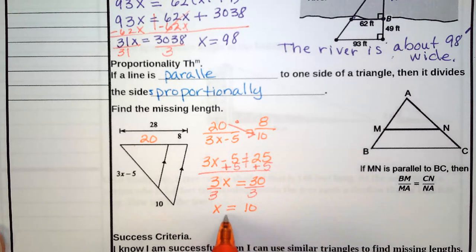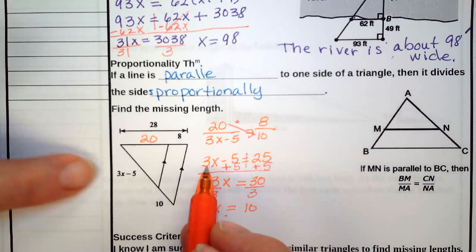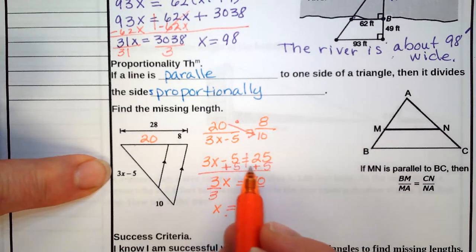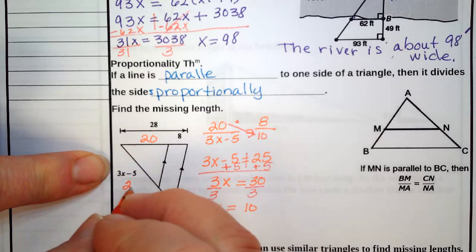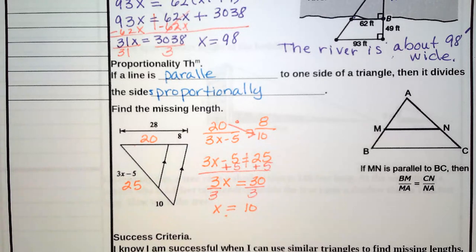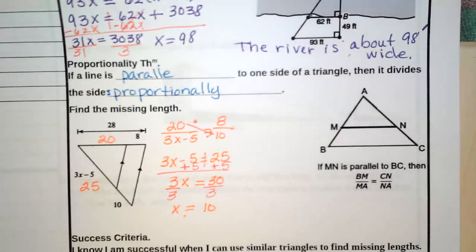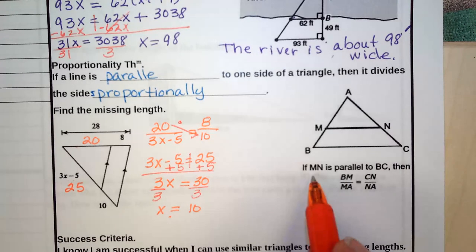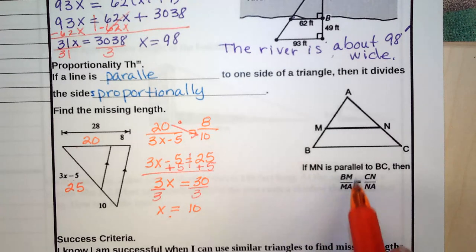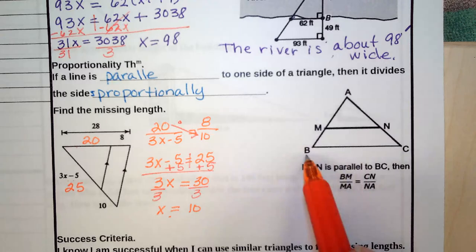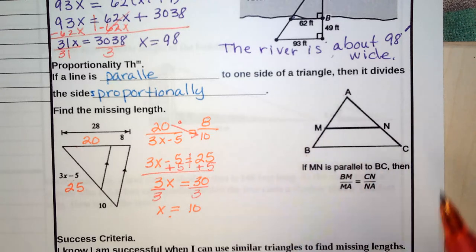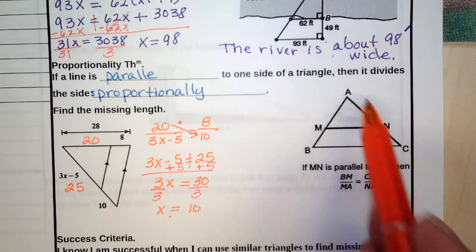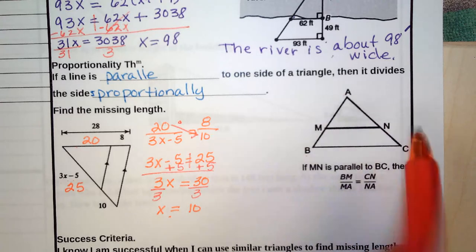Do I need to plug it back in? No, because I know that 3x minus 5 is equal to 25. And I don't have to redo what I've already found. So looking at this, if MN is parallel to BC, then MB over MA is equal to CN over AN.